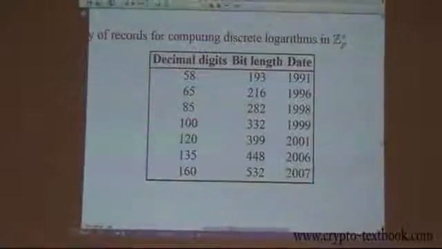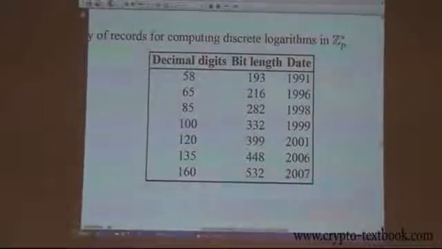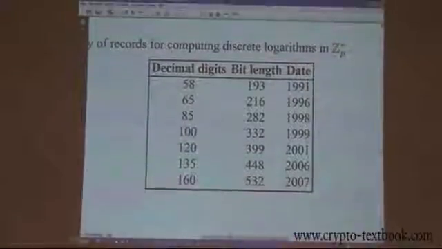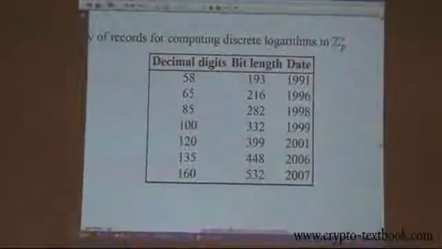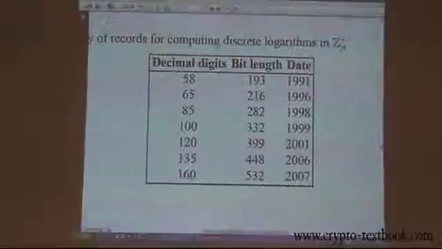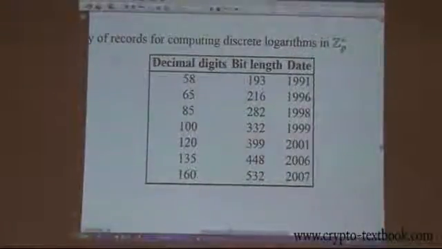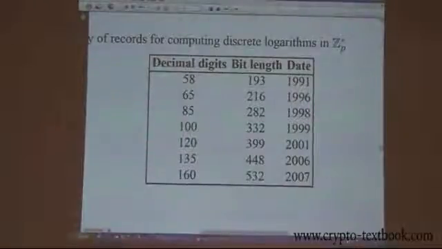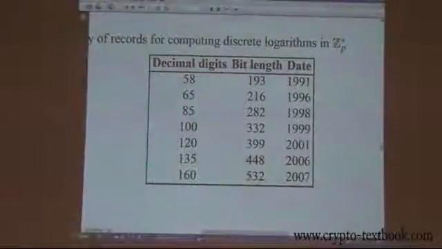Do you see the middle one, the bit length? These are the world records in computing discrete logarithms modulo p. The last thing that was broken was in the year 2007, and people broke the discrete logarithm problem with 532 bits. Relatively fewer people are interested in that than in doing RSA.